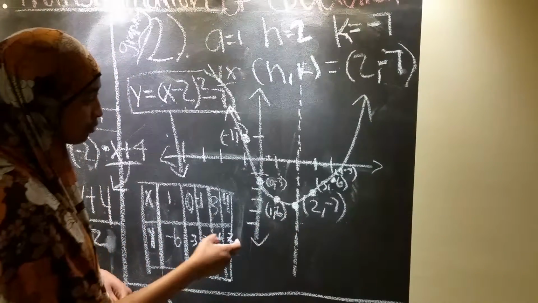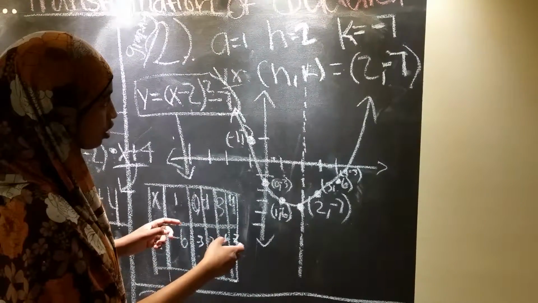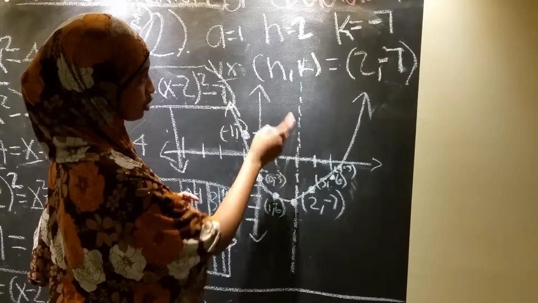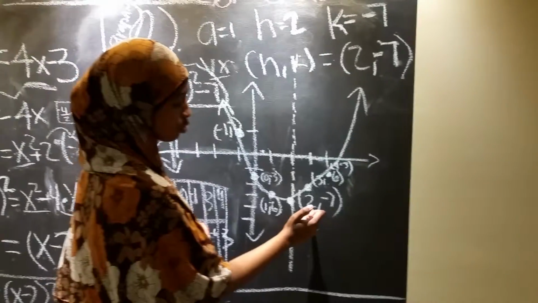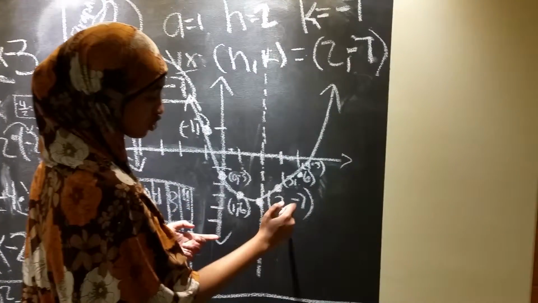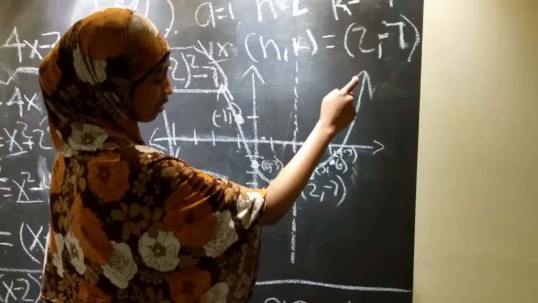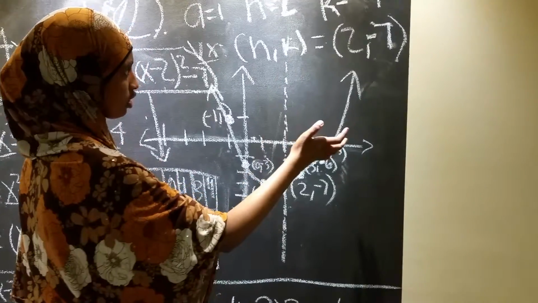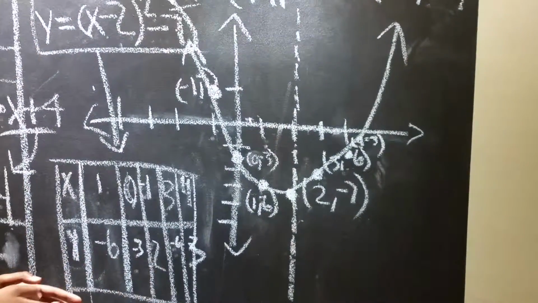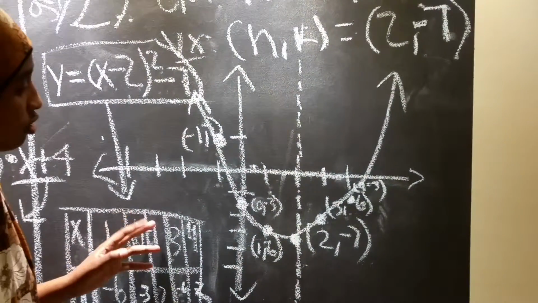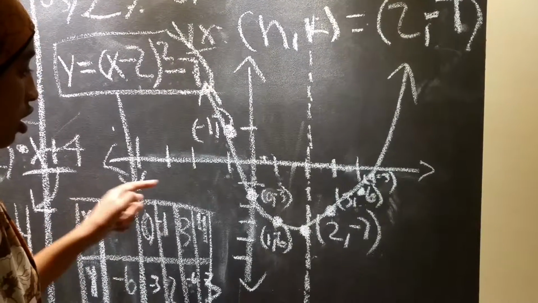Second, when you make your graph, you have to go back to what you already got, which is 2, the h, and then negative 7 is your k.